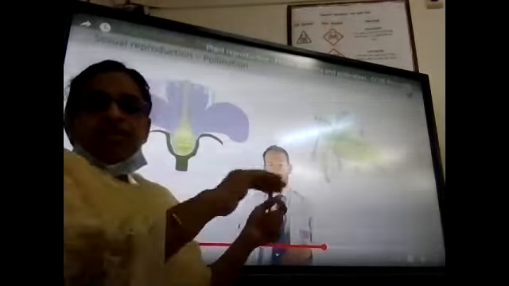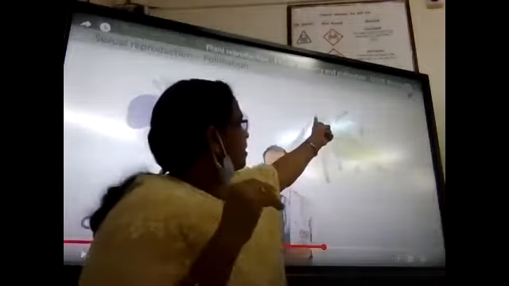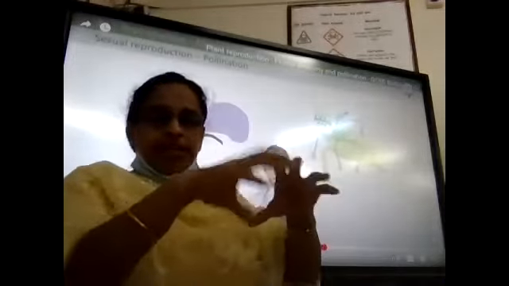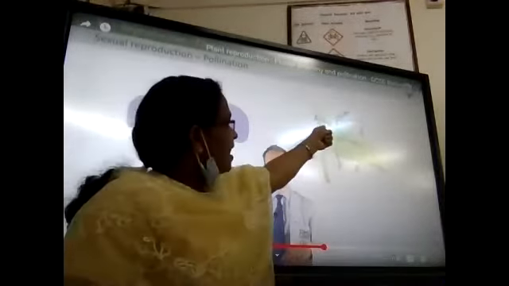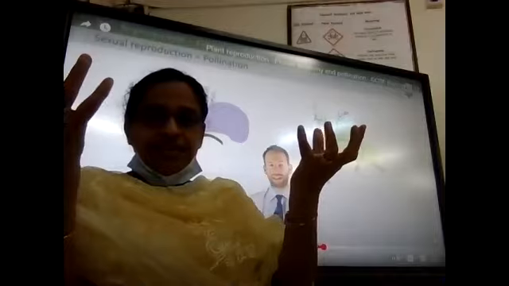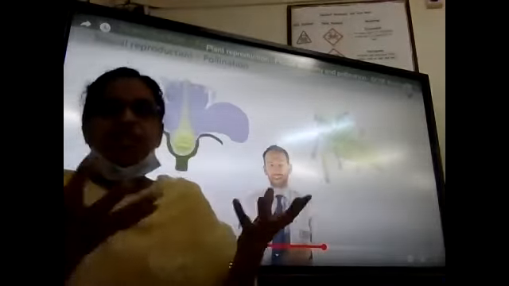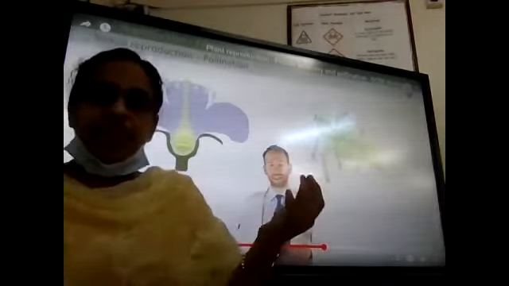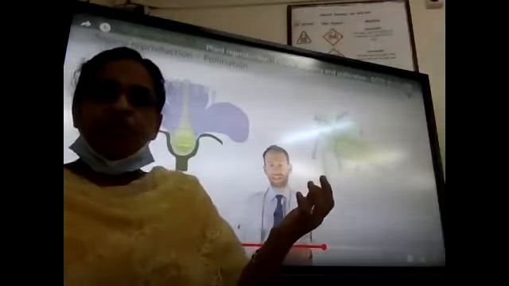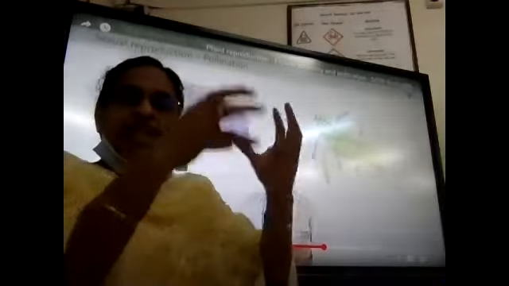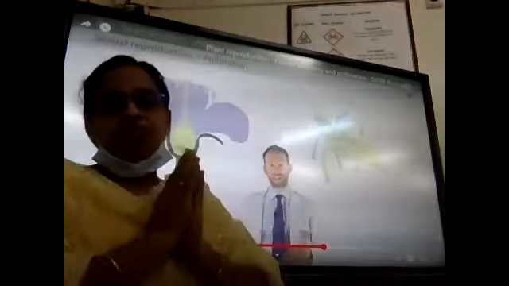Stigmas are also opened so that when the wind carries the pollen and it gets stuck there, it can stay. And you can see it is feathery, so that anywhere the pollen is falling, it can get stuck into the stigma.